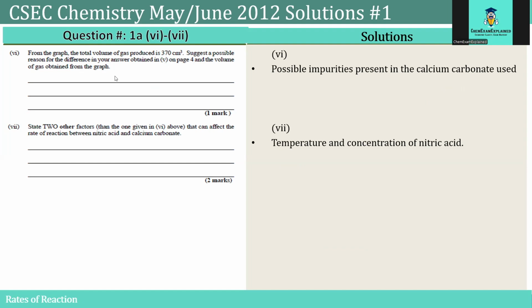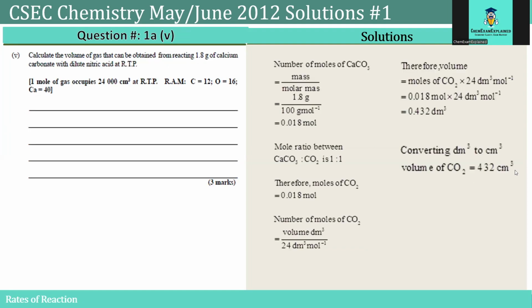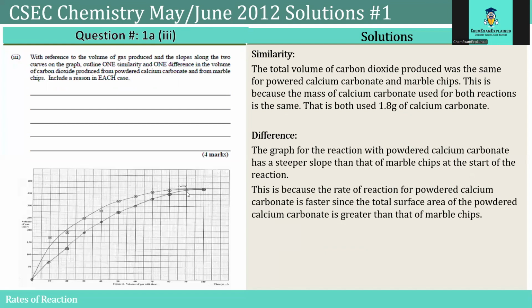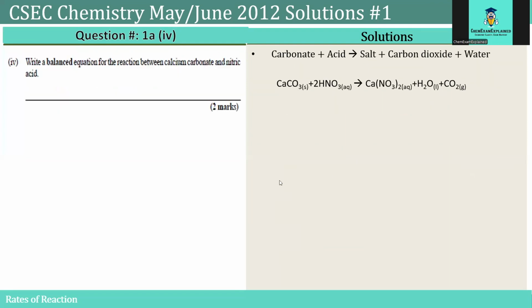So let's come back here and just make sure that we're on the same page. The volume we got from our calculation was 432 cm cubed. And the volume from the graph was 370, right here at the top. All right, so that's what we're looking at.